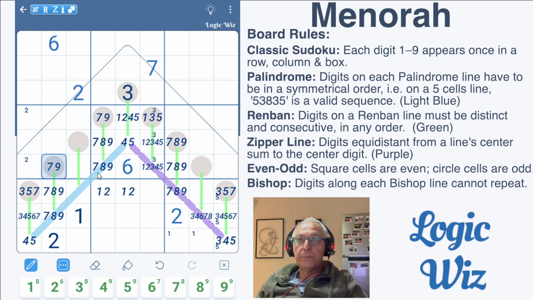Okay, we have here a triple of 7, 8, and 9. Let's see which digits can go here. 1 cannot go here because we cannot have 2 here. So it is 3 and 5.